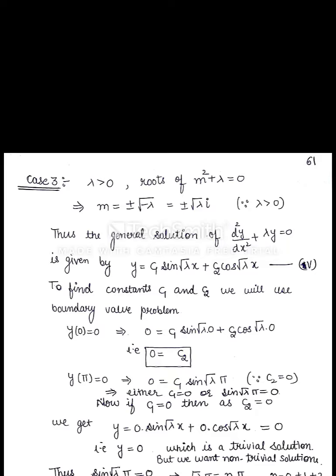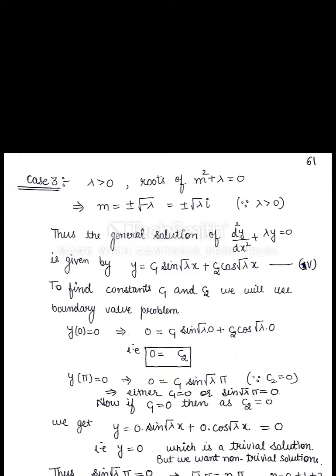Now consider the last case when lambda is positive, and when we find the roots of the auxiliary equation m² + λ = 0, we get that m is equal to ±√λ i, because we know that lambda is positive.